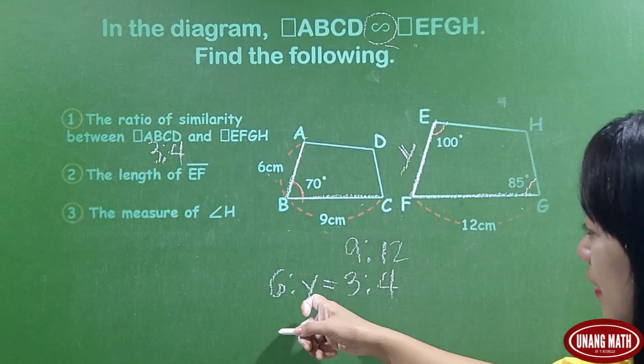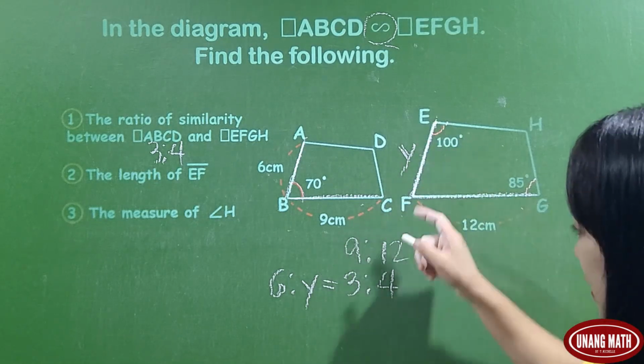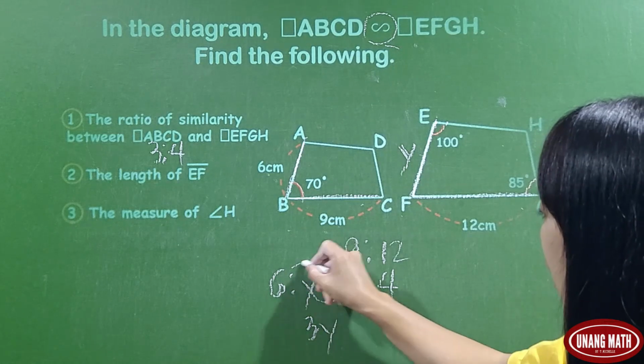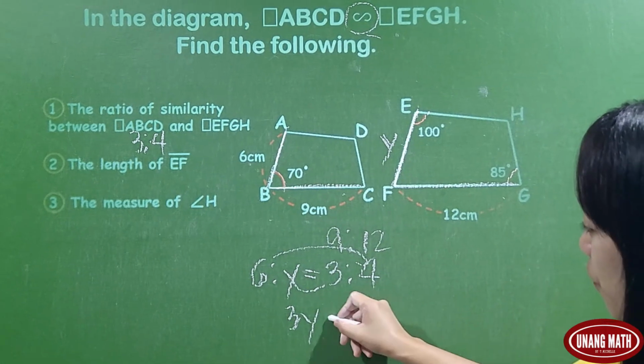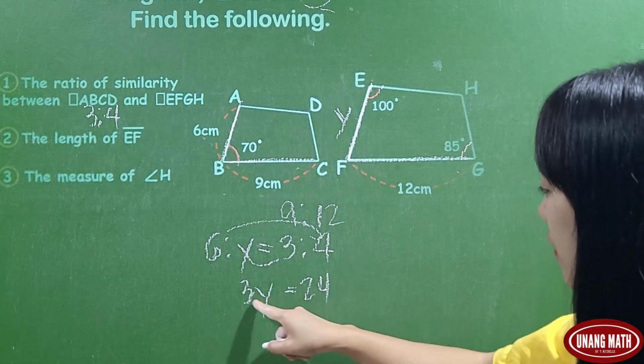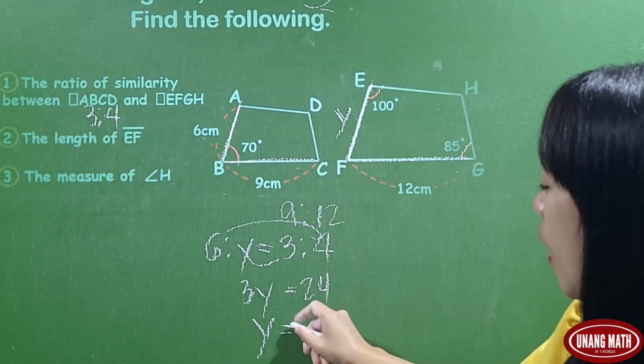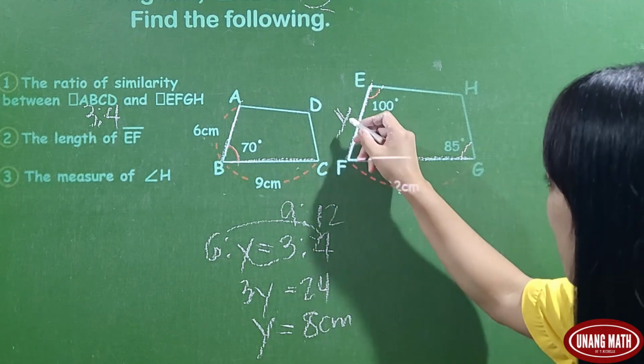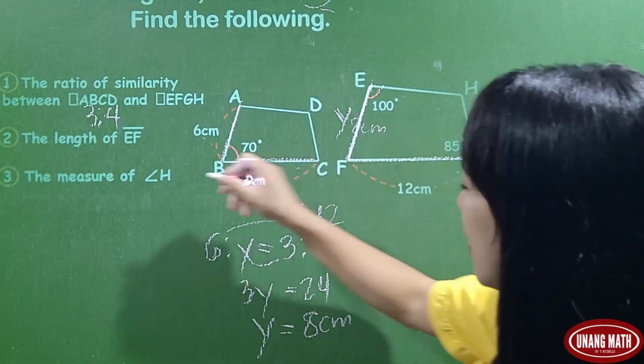So 3Y equals 6 times 4, which is 24. So 3Y is equal to 24. So Y is going to be 8. So this is 8 centimeters.